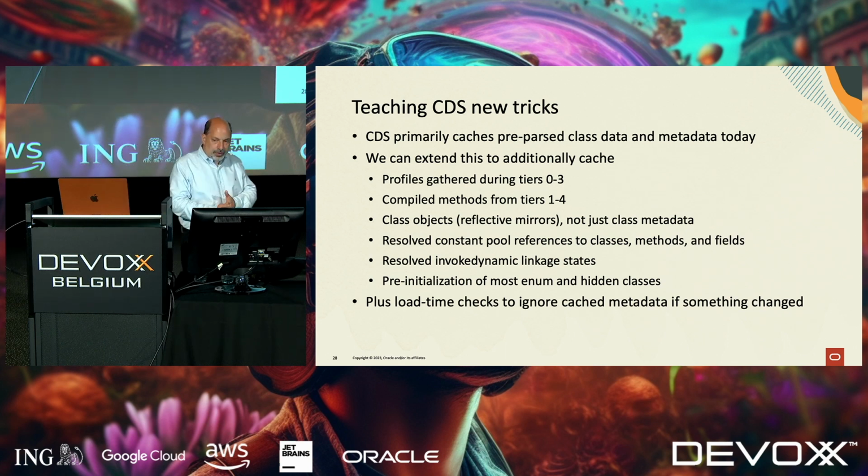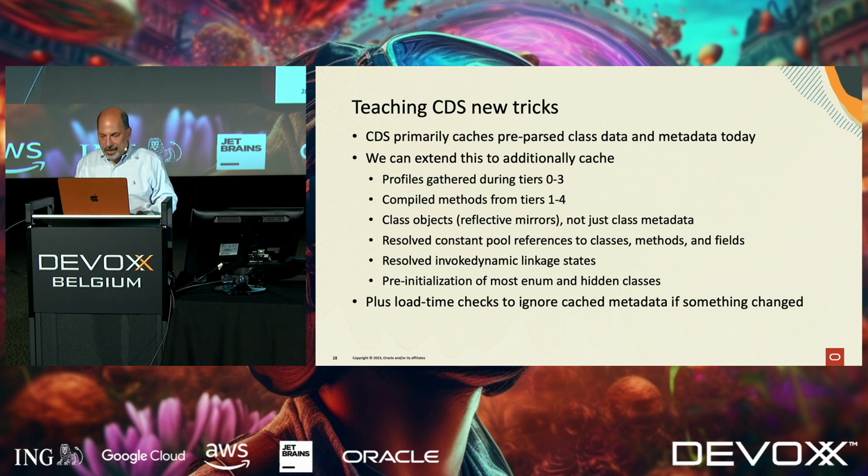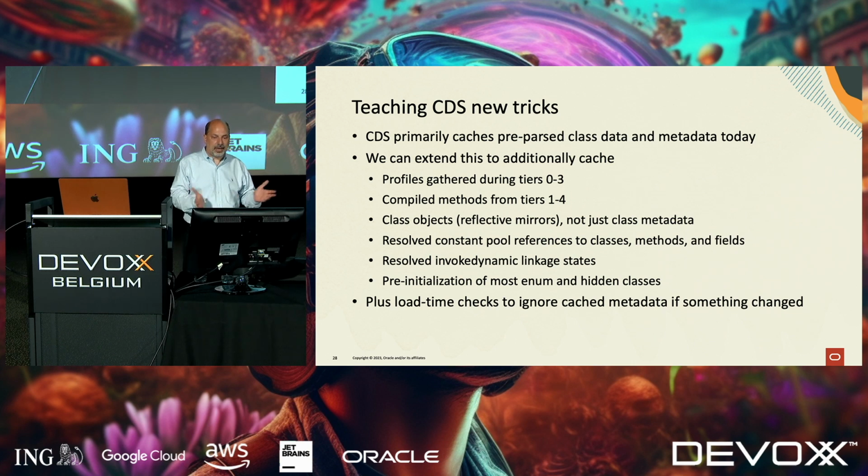So since we said, what can we do that doesn't involve any changes to the programming model or to the code, we want to lean as heavily as we can on existing components in the VM, like CDS and like our JITs.